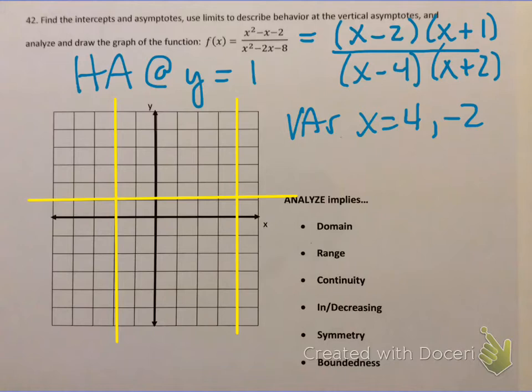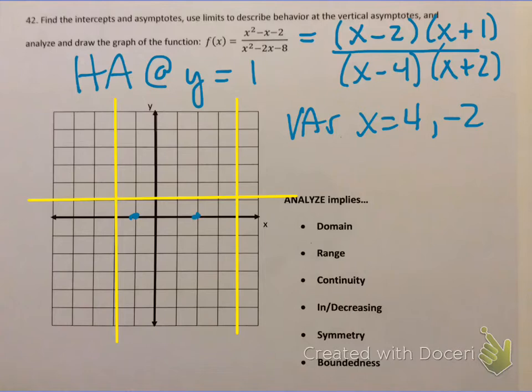So let's get our intercepts now. The x-intercepts happen when the top is 0, so that's going to happen at positive 2 and at negative 1.